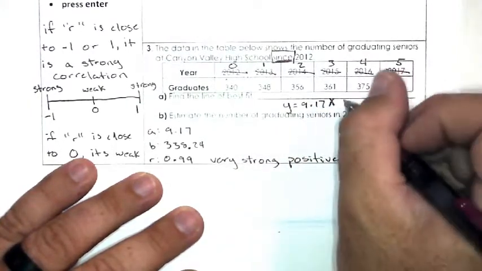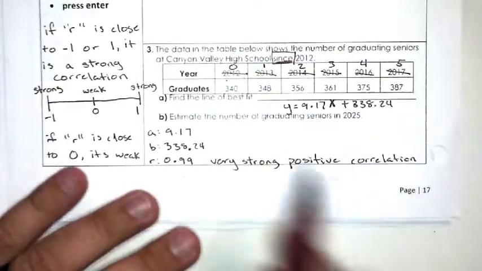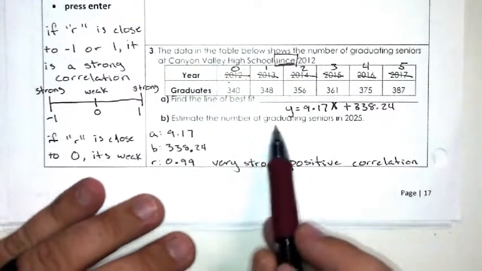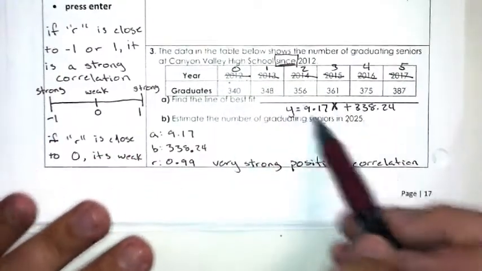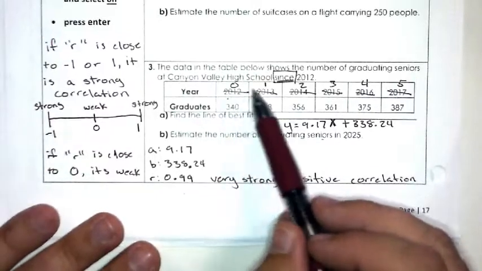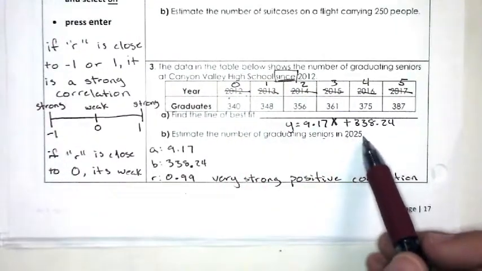In order to use this equation, I need to do what I did to the table. I need to know how many years have passed since 2012 to get to 2025. There's a real easy way to do it. Take 2025 and subtract 2012.